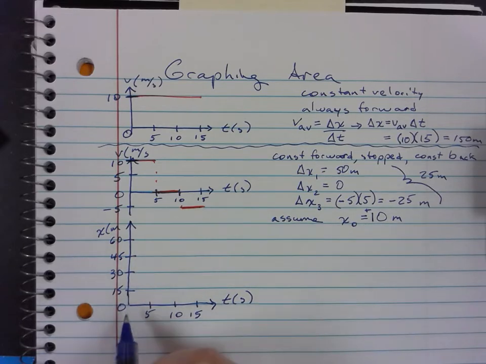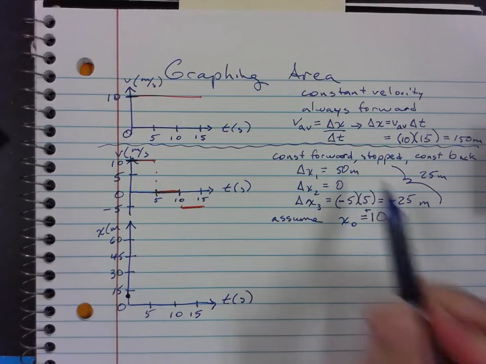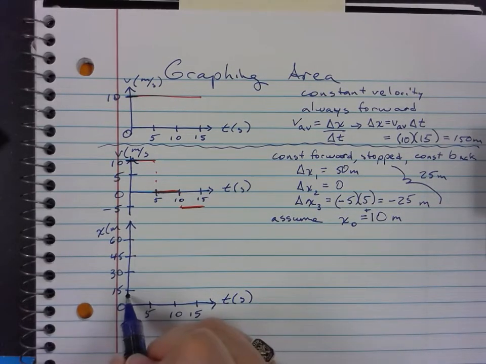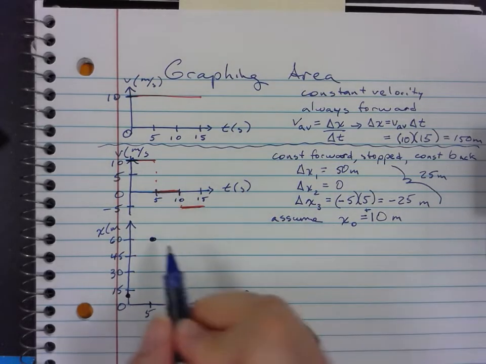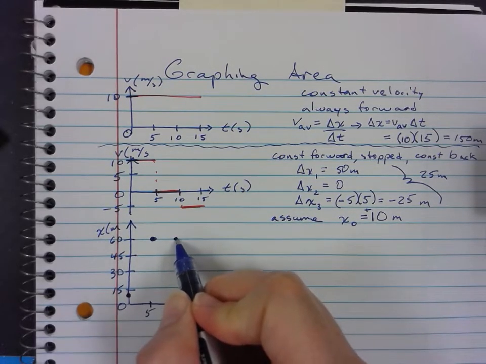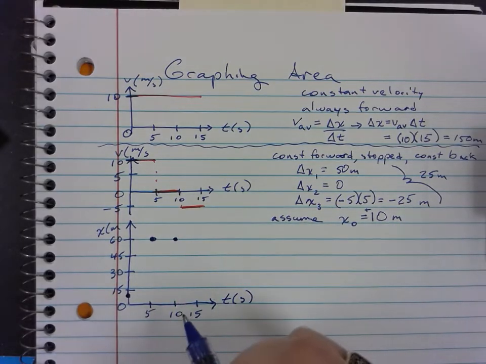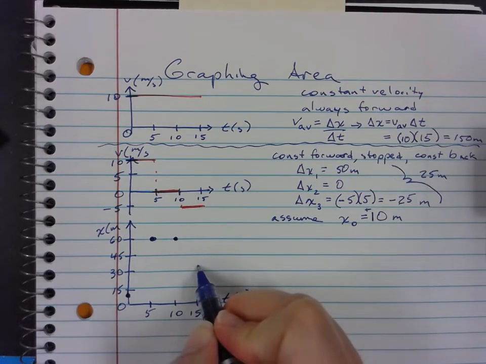So we initially start at the 10 meter mark, so it's about there. We go forward 50 and we get there by 5 seconds. So at 5 seconds plus 50, 10 plus 50 is 60. We stay there for the next 5 seconds. And then we go backwards, so back down the graph, 25. So 60 minus 25 is 35. So that's about here.